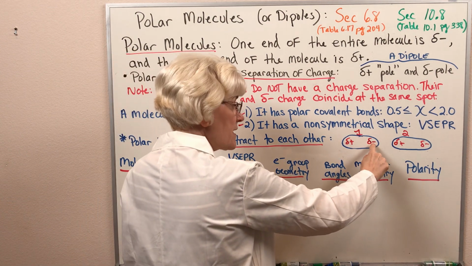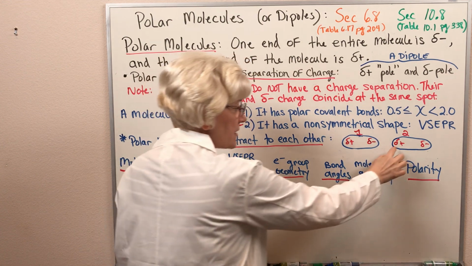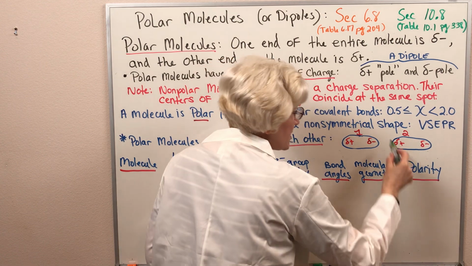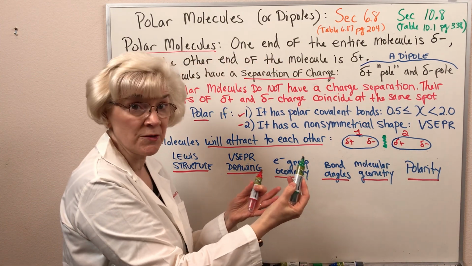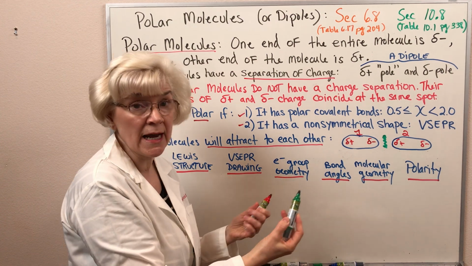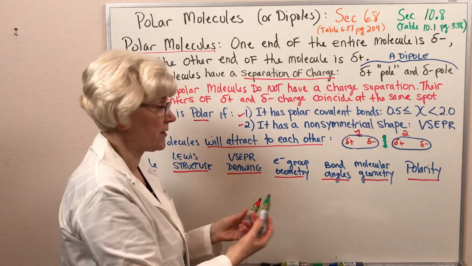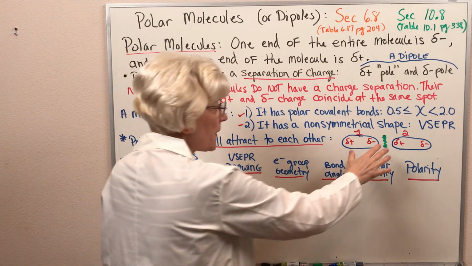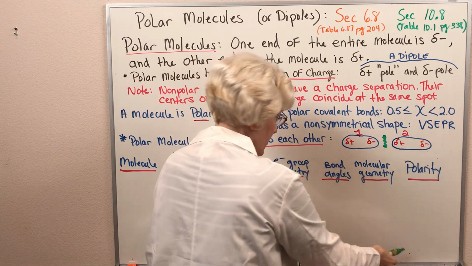So if this partial negative end of this one molecule is in close contact with the partial positive end of a second molecule, then they're going to experience attraction for each other, and they're going to want to stick together. So that's a key idea in understanding why it is that things interact well with each other, if they can form this polar attraction due to their partial charges being opposite but in close contact.